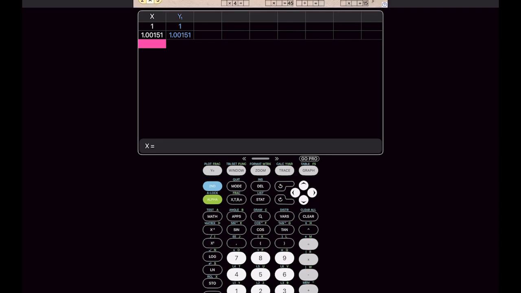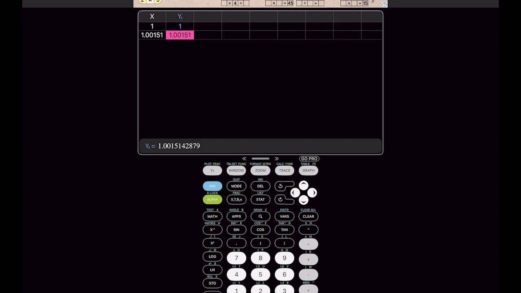Okay, again, in order to see the value for y1 when x is 1.001512, you want to highlight that so that you can see the whole thing. So you can really see that it's 1.001514.